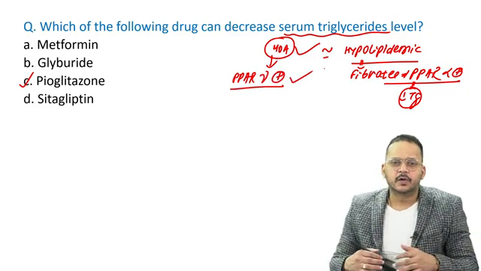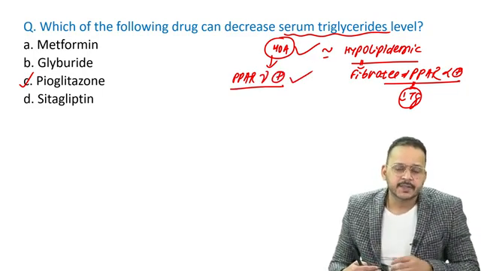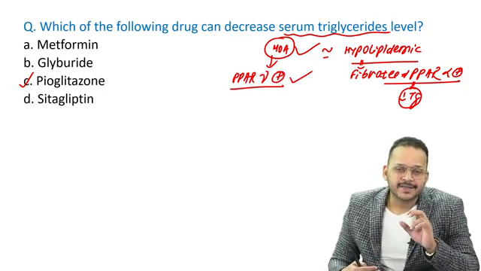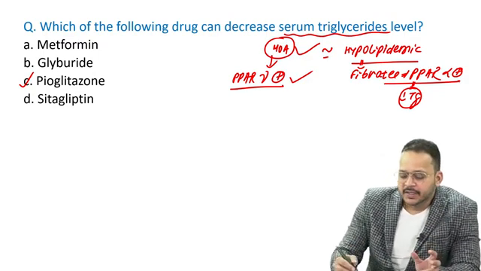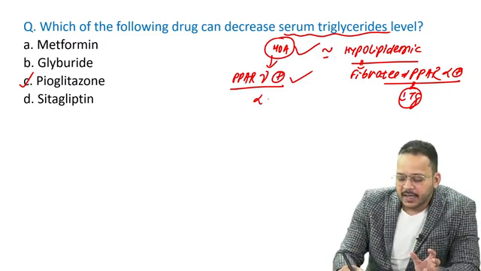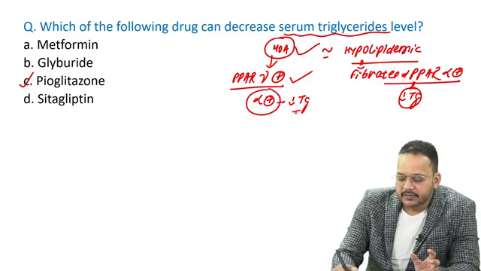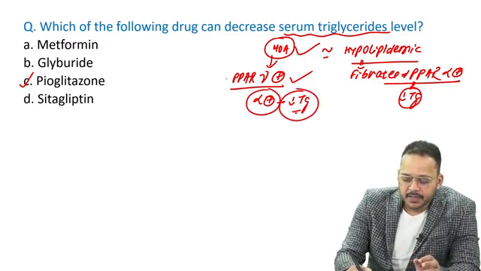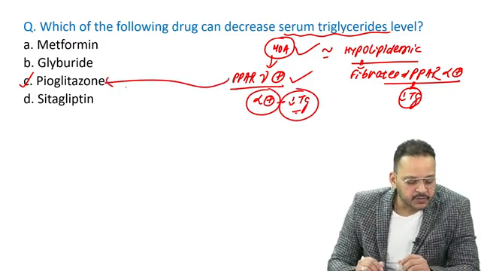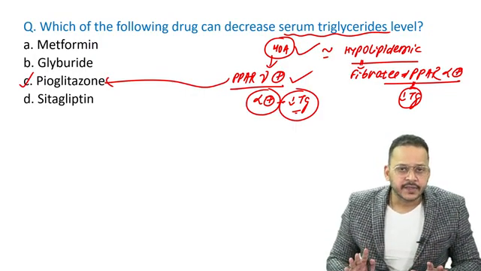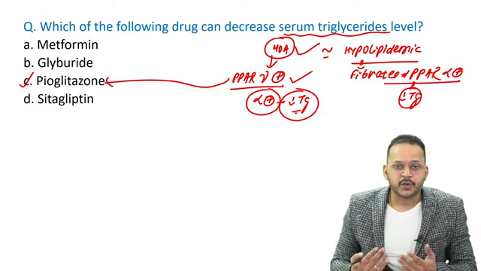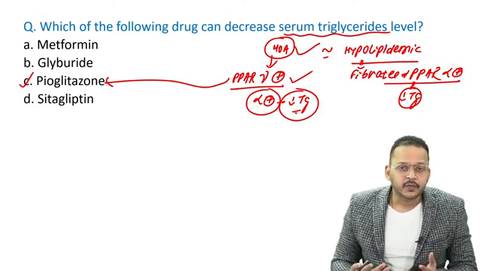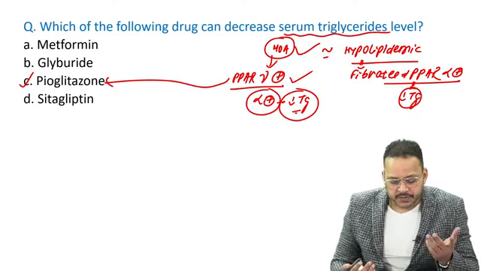But remember, I have always told you time and again in my lectures that selectivity in pharma is never absolute, it is relative. So these drugs are mostly gamma agonists, plus they also produce alpha agonism and they can decrease the level of triglycerides. So the PPAR gamma agonist, which is the only drug currently in use, guys, is pioglitazone. Again, I've asked you about the mechanism of action of pioglitazone, but not in a direct way, right? It is an indirect way which I've asked here.